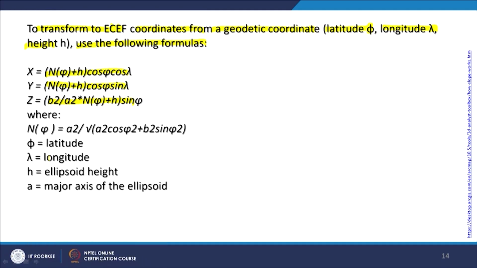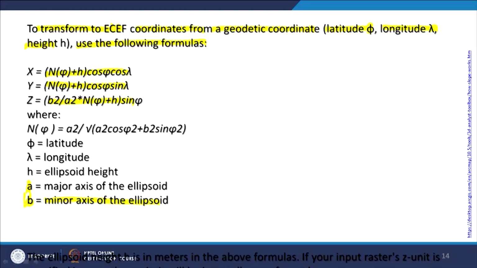You have also seen in the case of the ellipsoid that A represents the major axis and B represents the minor axis of the ellipsoid, because unfortunately the Earth is not a perfect spheroid, and therefore these complications come. While going for more accurate slope calculations in the current discussion, we have to take care of this.